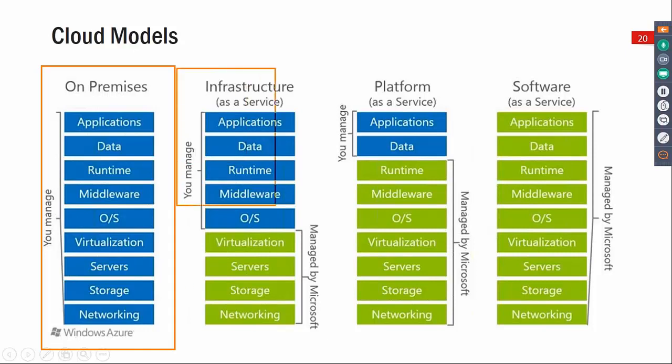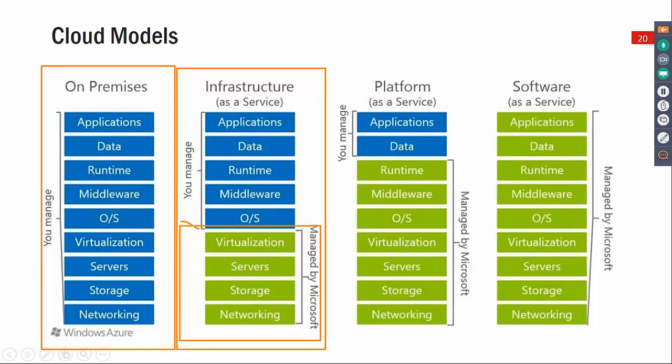When you start with the cloud models, there are not only 3, there are many of them. These are the key ones for me. Infrastructure as a service. So let Microsoft manage your virtualization, servers, storage, and networking. And a really good example for infrastructure as a service is VMs, right? Azure VMs.